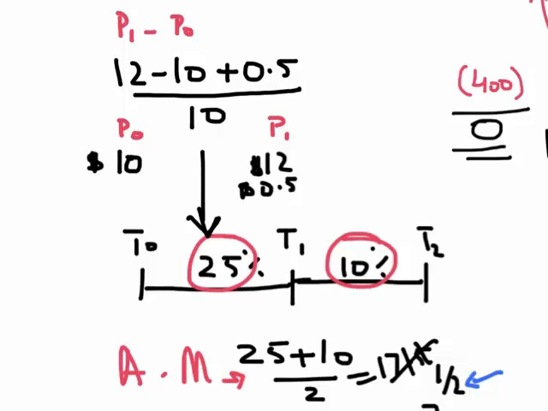Let's try another example to make sure that you have followed the logic. It's a bit tricky, so you need to take care in the calculation. A share was purchased for $50 at time 0, so T0, T1 and T2. A share was purchased for $50.